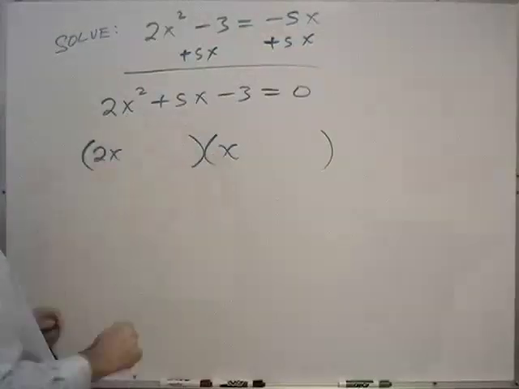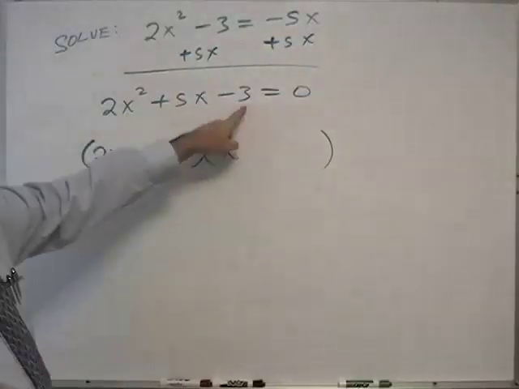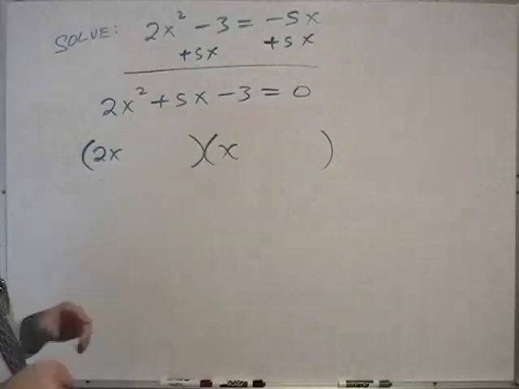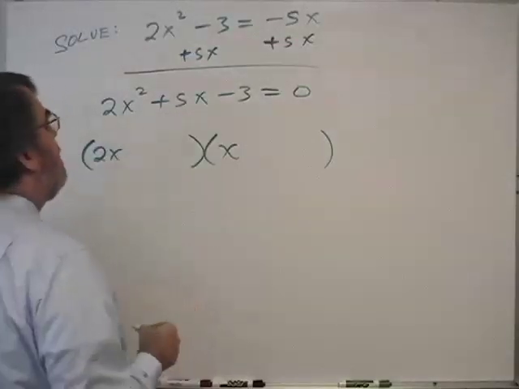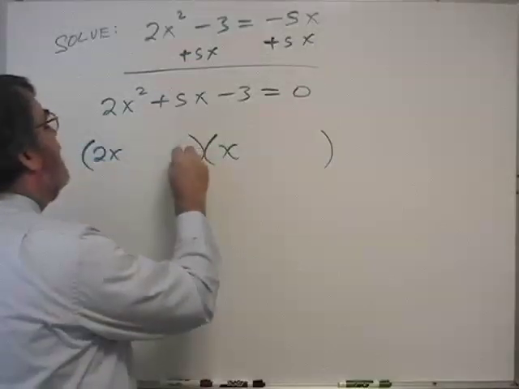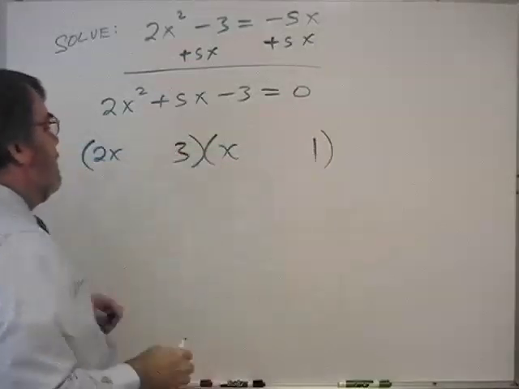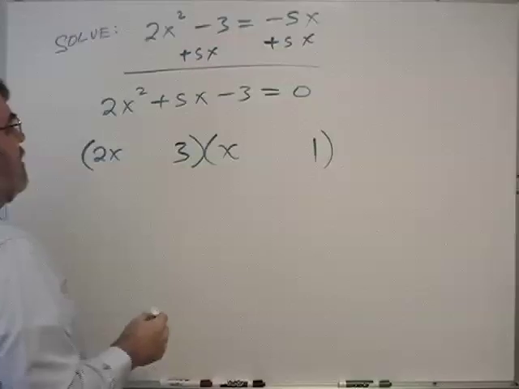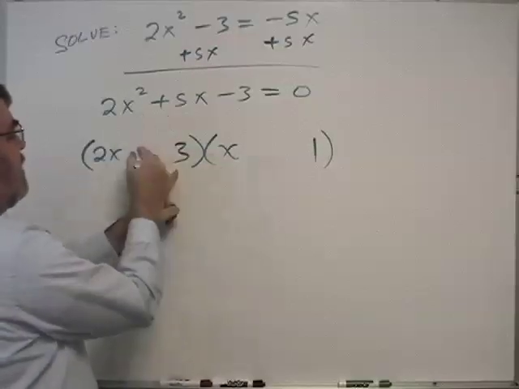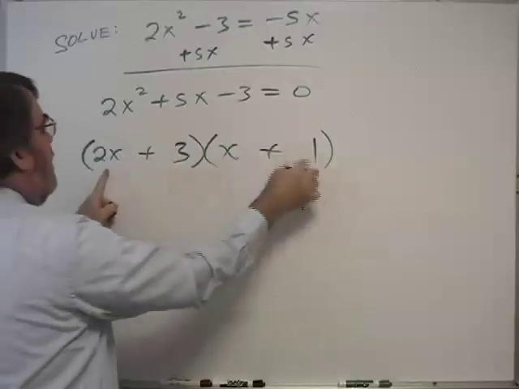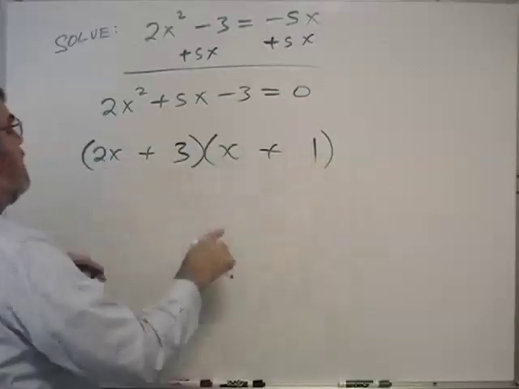For 3, there's only one way to break it up, 1 times 3. So the question is, where does the 3 go and where does the 1 go? Let me try this one first. If I put the 3 here and the 1 there, then in order to get plus 5x, I need plus 3x and plus 2x. So let's see if this works.